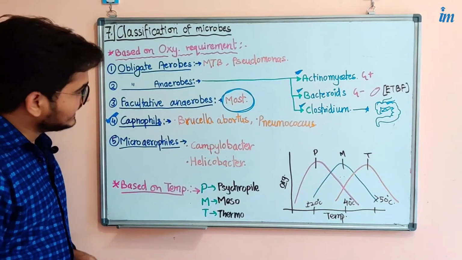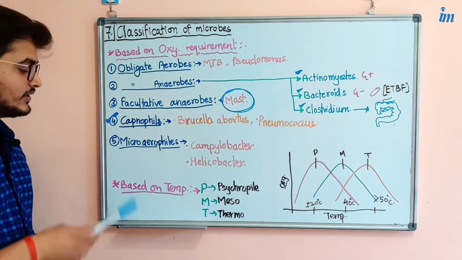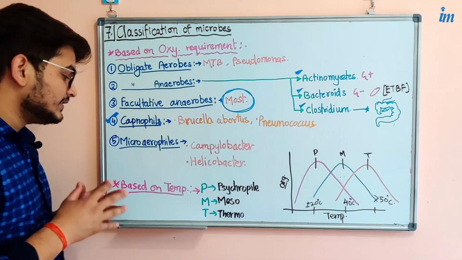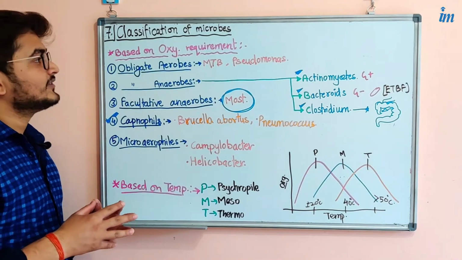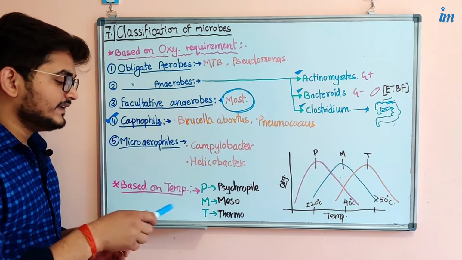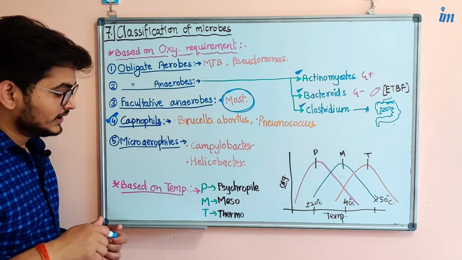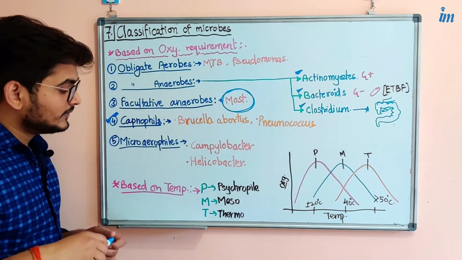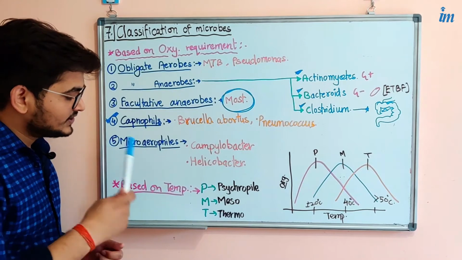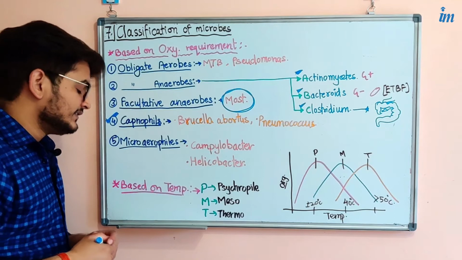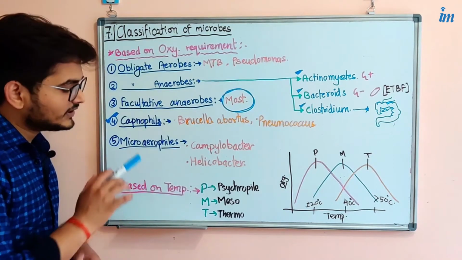Okay. And now the second classification is based on temperature. Remember my previous video, I told you about culture media and their differentiation when we change pH, Vibrio cholerae, and when we change temperature, I gave the example of Neisseria. Similarly here, based on temperature.